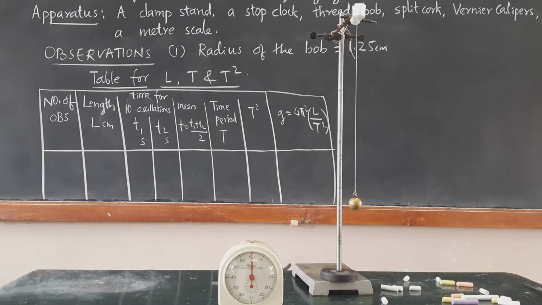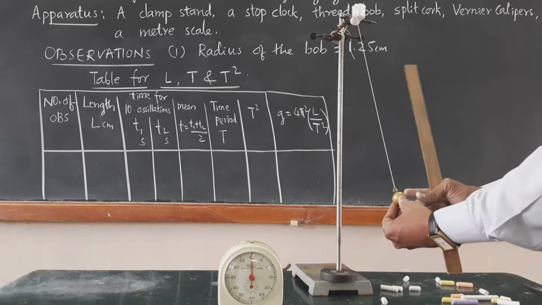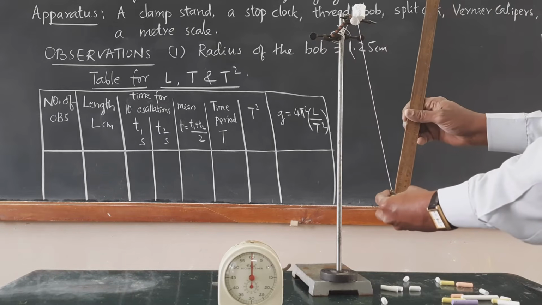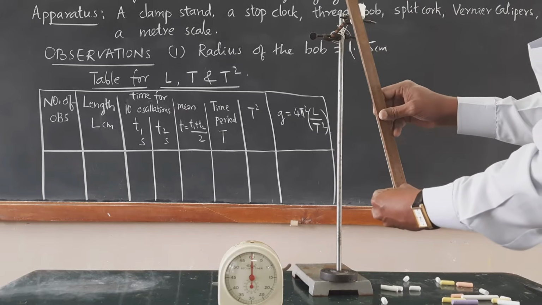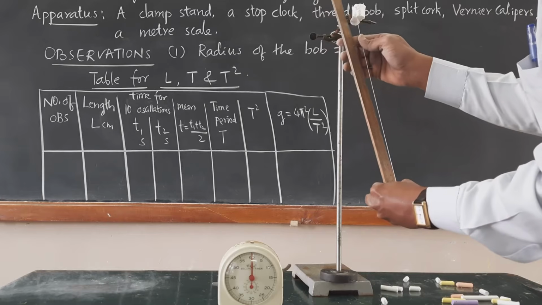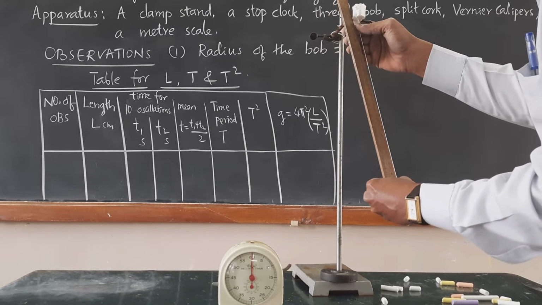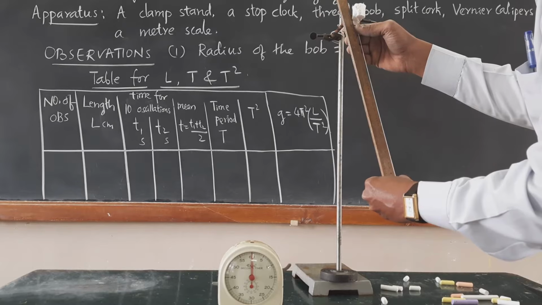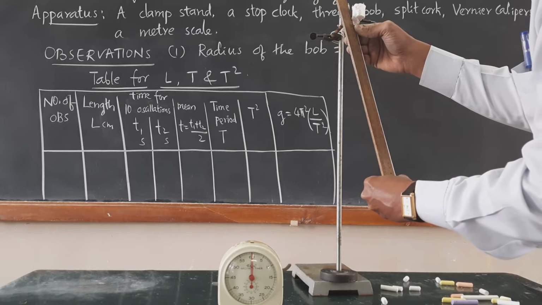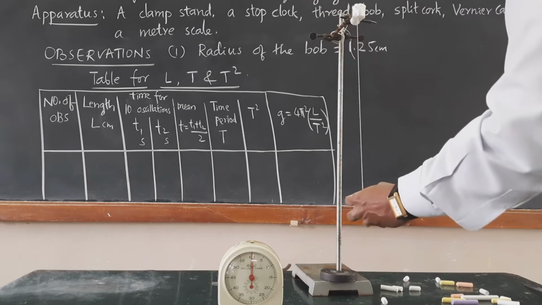Now using the scale, I measure the length. I know the radius of this spherical bob. From the end of the hook, I measure this, and I have already set it to a certain length. It is 28.75.